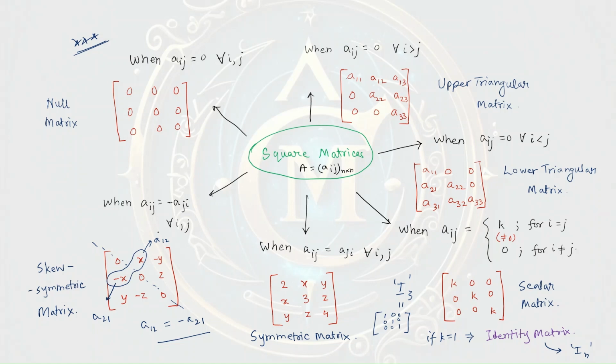In this case, you call it a skew symmetric matrix. Now here you can see an interesting thing. It becomes Aii equal to minus Aii. That means Aii becomes 0. So all the diagonal elements of this matrix must be 0. This is what we call a skew symmetric matrix. So you have to remember these definitions clearly.